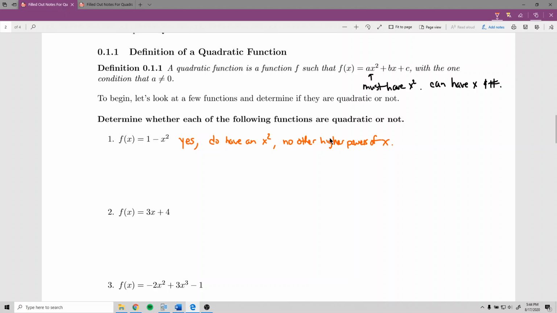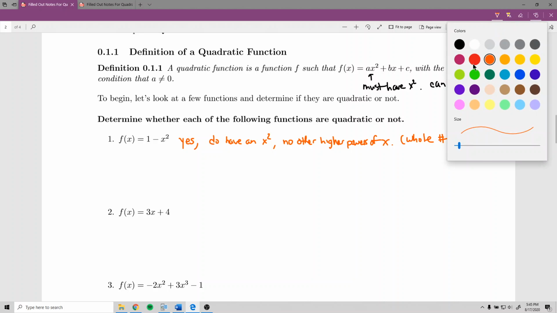When I refer to powers, I do mean no fractions, just whole numbers. So we do have an x squared. That's the first thing you look for. If there isn't an x squared, you're automatically not having a quadratic function.